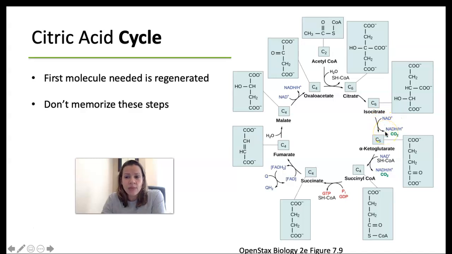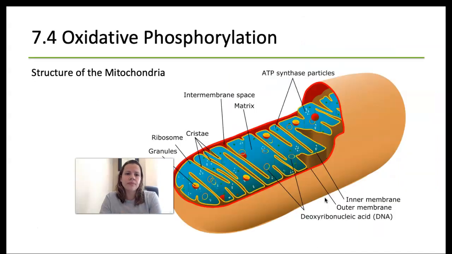You should be able to tell me that because oxidation reduction reactions are performed by dehydrogenases, this conversion of isocitrate to alpha ketoglutarate is done by some sort of dehydrogenase. Likewise, down here, when we're generating our energy, phosphorylating something, you should be able to tell me that that's performed by a kinase. We learned that in the first video.